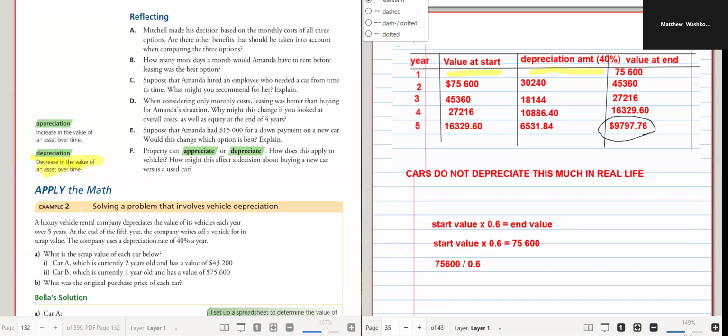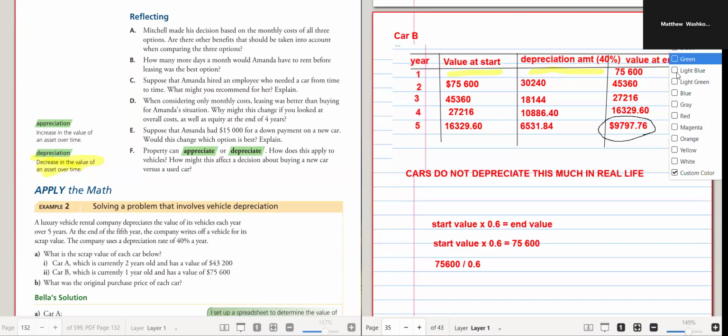Where'd you get that from, Matthew? Well, there was some algebra here, right? I need to get rid of this thing so that start value equals a price at its own. So the opposite of times by 0.6 is dividing by 0.6. So I divide both sides by 0.6.